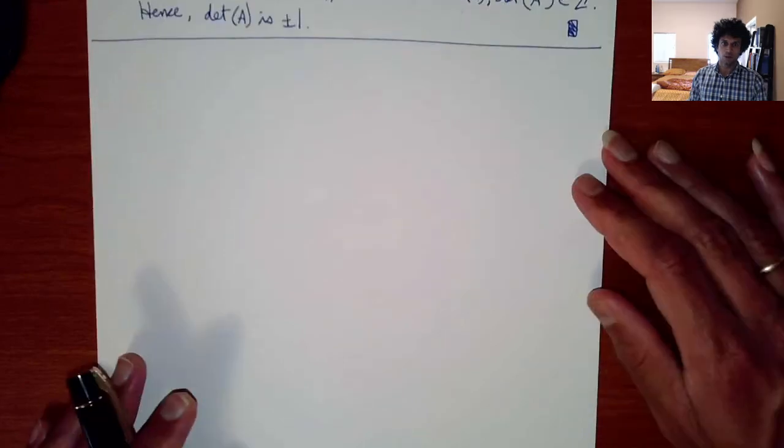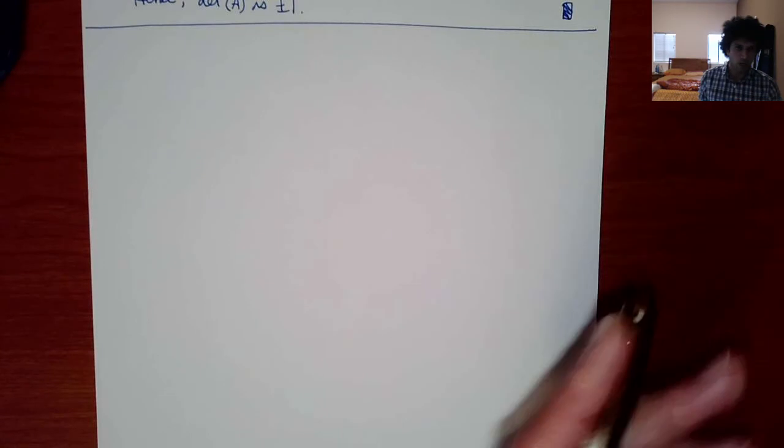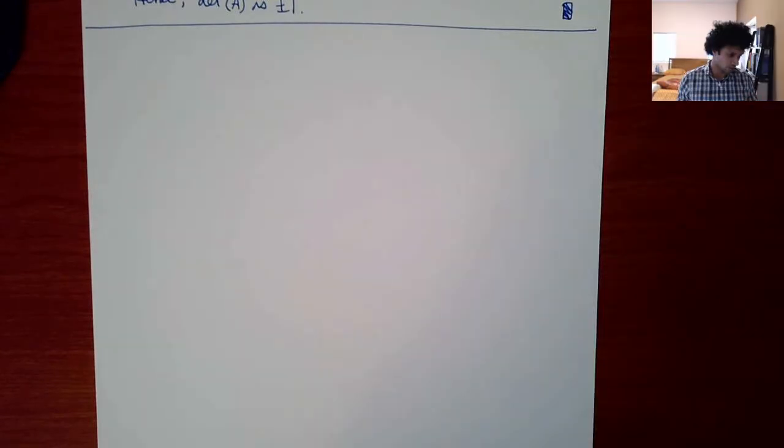Okay, so the proof that I'm actually going to describe is not by Hoffman and Kruskal, it's by Veinott and Dantzig, and it's a much simpler proof.